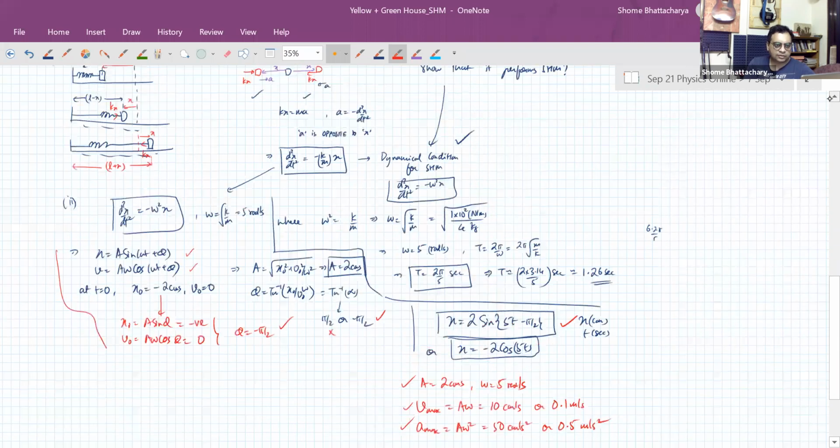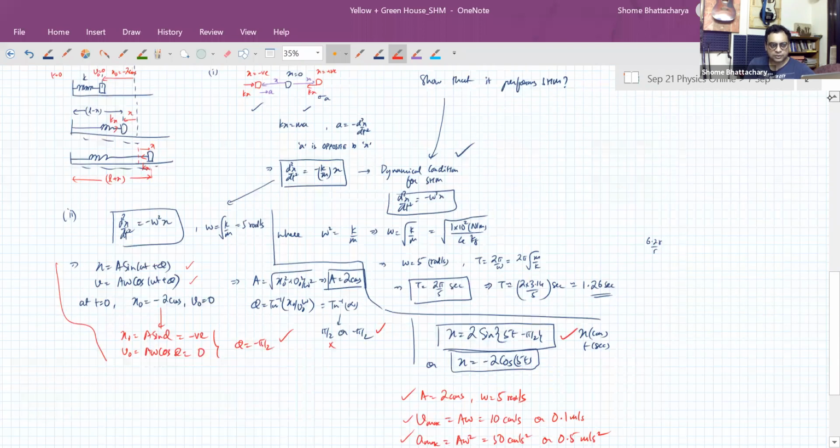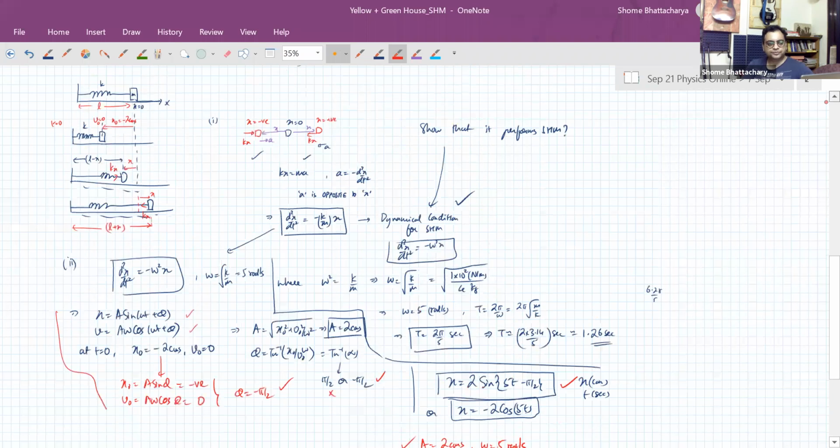Now again, it's a little bit technical why the phase constant comes out to be minus pi by 2 and not pi by 2, because x naught is negative.